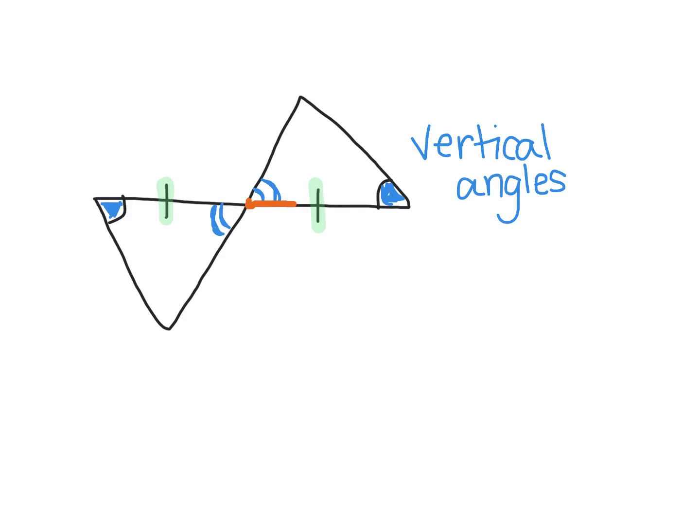As I'm going this way, looking at the triangle on the right, I'm passing over information about an angle. Then right here on the tick mark, that's showing me a side. And as I keep going, I end up at another angle. So the postulate to show that these two triangles are congruent to each other would be angle, side, angle. So that's how I know that these two triangles are congruent to one another.